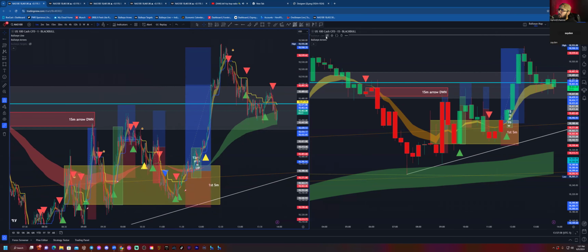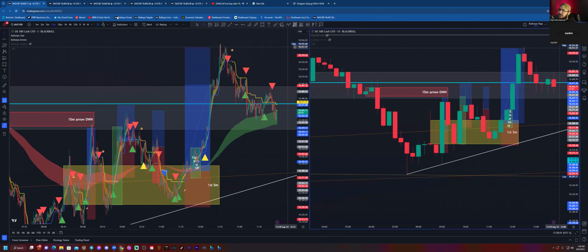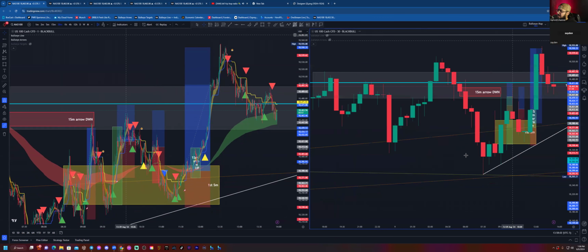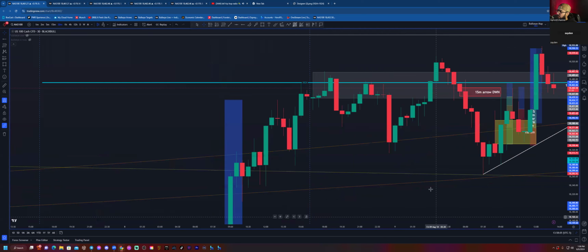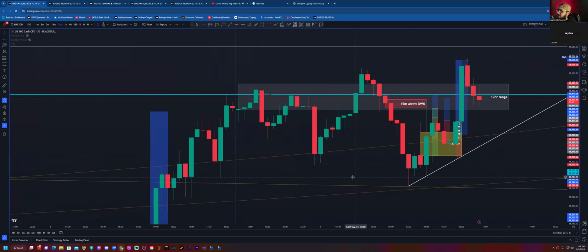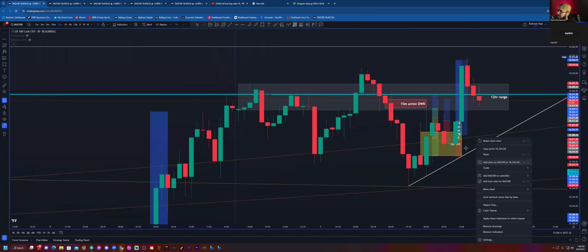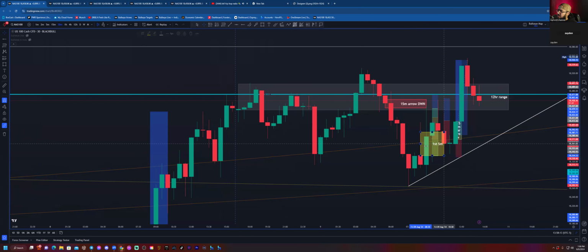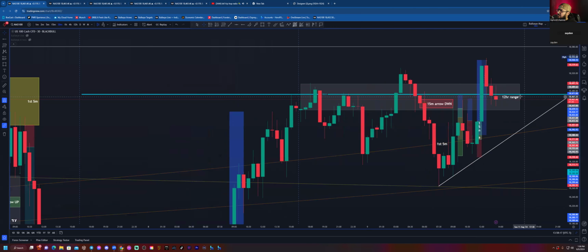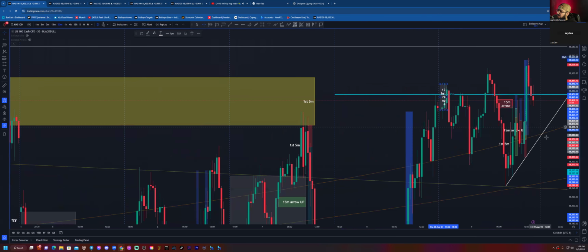Okay, and what I also want to show is we'll go here to 30-minute time frame. Watch this. We'll zoom out. I want you to notice how price, if I was to get rid of all this, so you can see, if I zoom out, I want you to see how the map is working. You see the arcs?